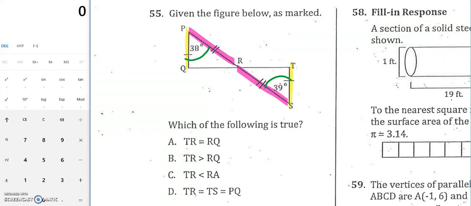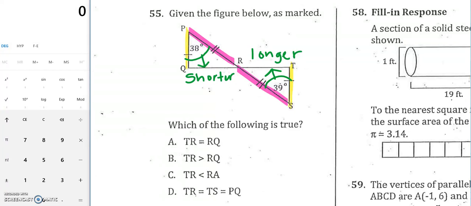So when I see the difference in angle, that means the side across from them, opposite them, is going to be different between my two triangles. So if 39 degrees is my larger angle, then that means that the length of RT is going to be the longer side because it's across from the larger angle. And then 38 degrees, that's going to be across from the shorter side.